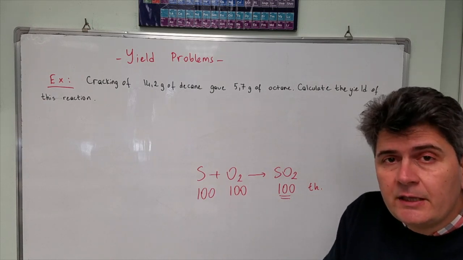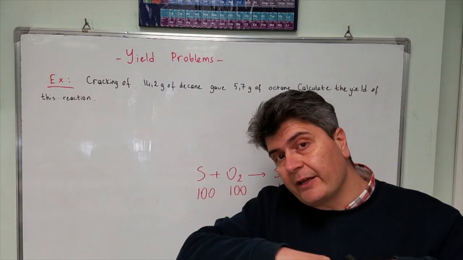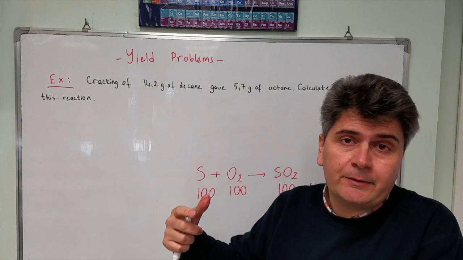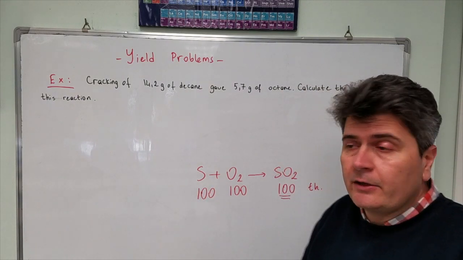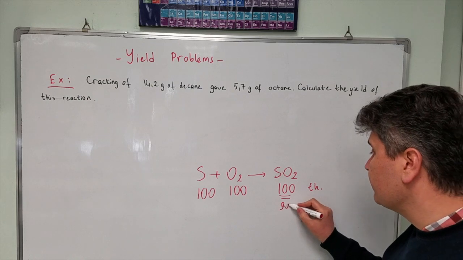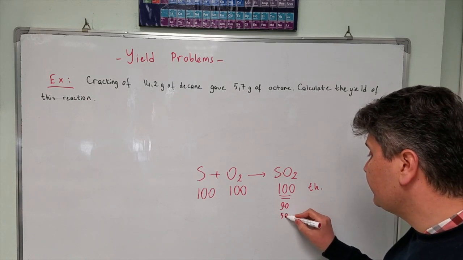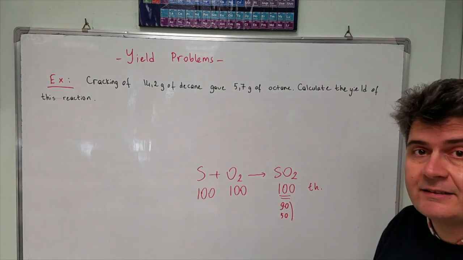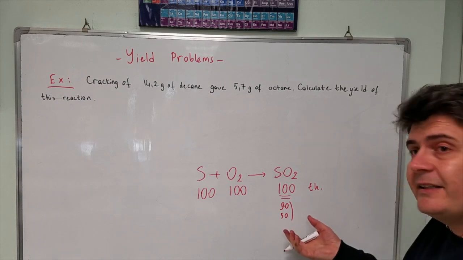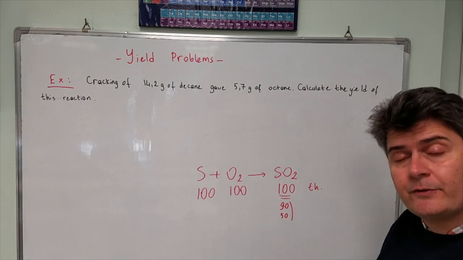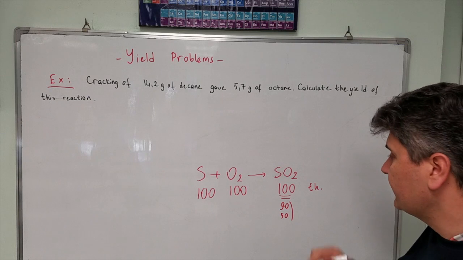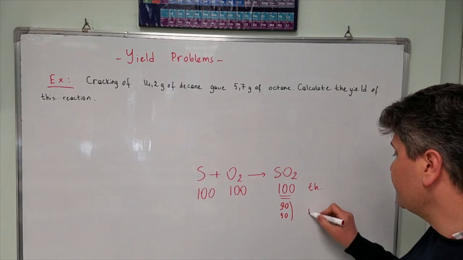Why? Because some of the reactants will not react, or some of the product will not be able to be collected properly. So this is going to be something like maybe 90, something like 50, but something less than 100. The quantity that you get after you do the experiment in real life is called the practical quantity.